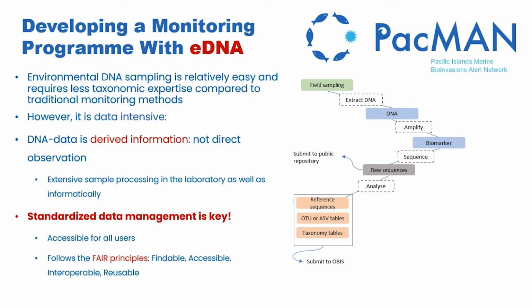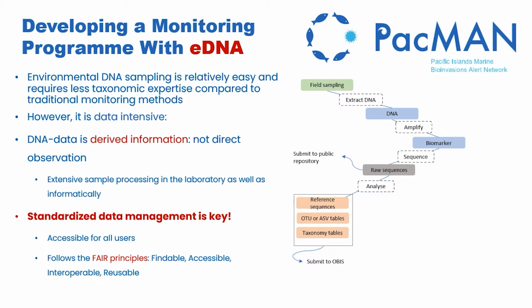So why we chose to work with environmental DNA. Environmental DNA sampling is relatively easy, and it also requires less taxonomic expertise compared to traditional monitoring methods. However, it's a very data-intensive process. When you get species information from DNA, it's always derived information, it's not direct observation.